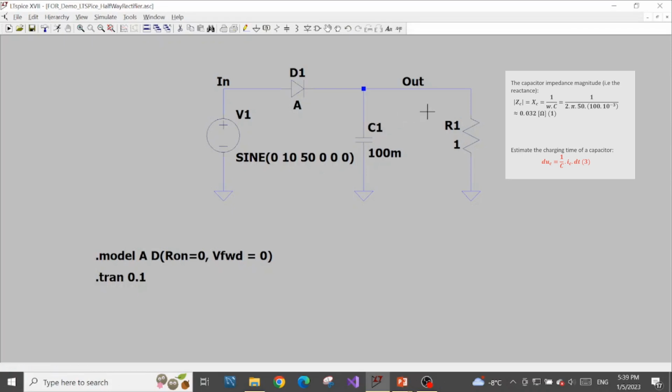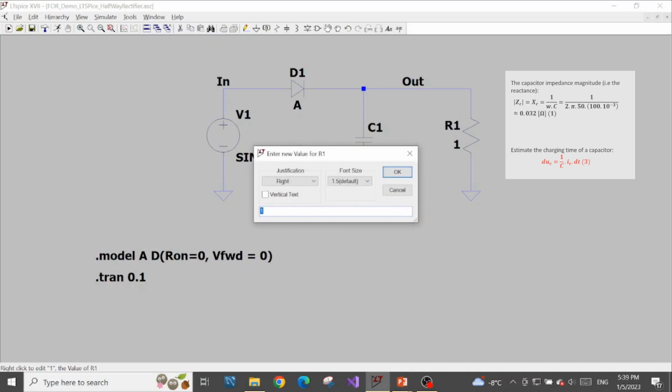And when we consider again the important formula related to our capacitor, if the current going through the capacitor is very big, the capacitor will reach the peak value very quickly, and when it reaches the peak value so quickly in the charging process, the ripple won't be visible. And I will demonstrate that in this simulation with the step command.